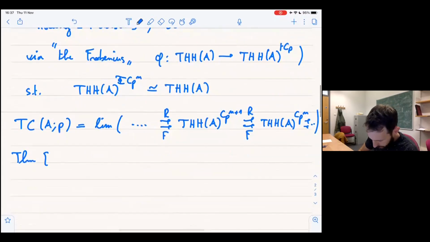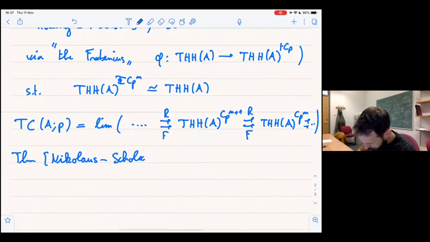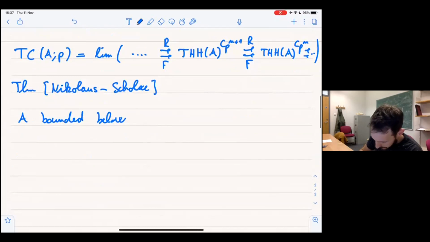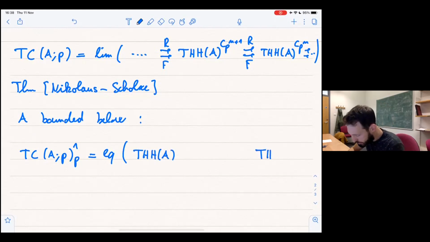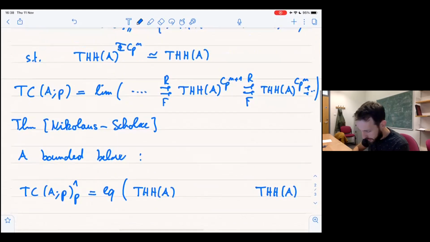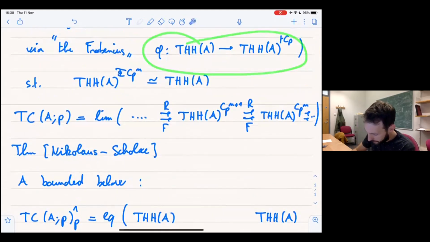So Nikolaus and Scholze prove that if A is bounded below, then this TC of A, at least after p-completion, is equivalent to an equalizer of two maps on two constructions that do not use this genuine equivariant structure, but only this Frobenius map here.